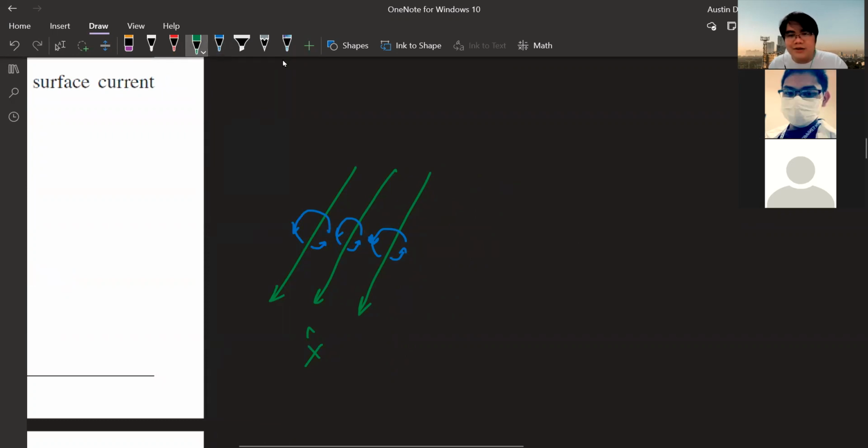Kunwari, ito yung harap ng mga arrows. Okay, kunwari nandito tayo. Nakatingin tayo dito. Tingnan natin yung front view ng arrows. Makikita mo by the right-hand rule na magnetic field mo would be circling. Okay? Circling.